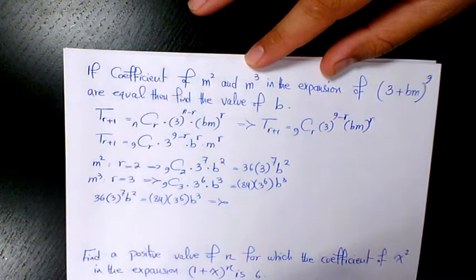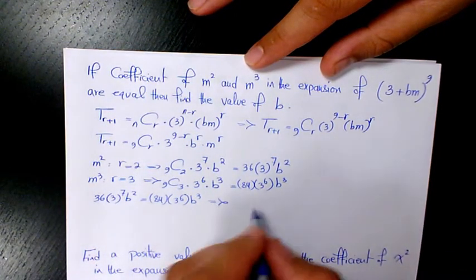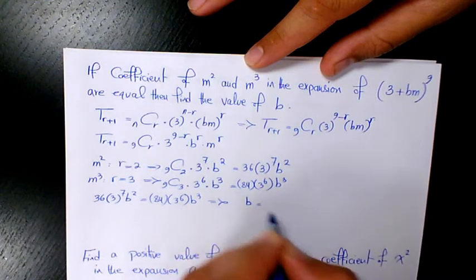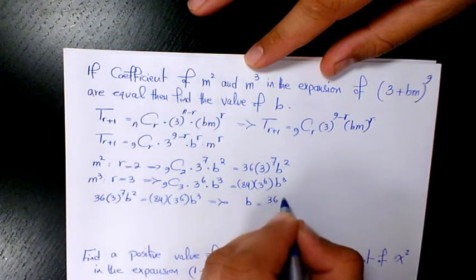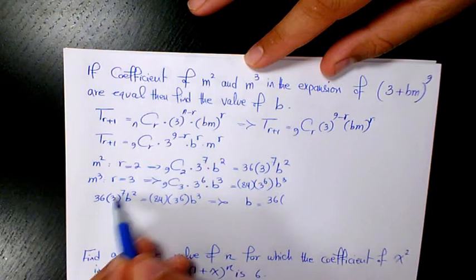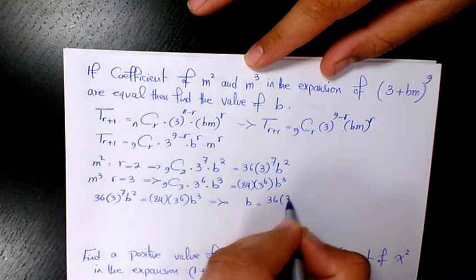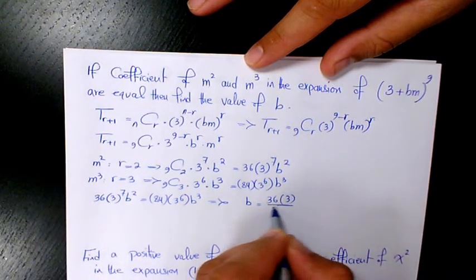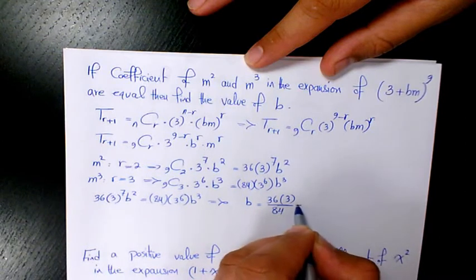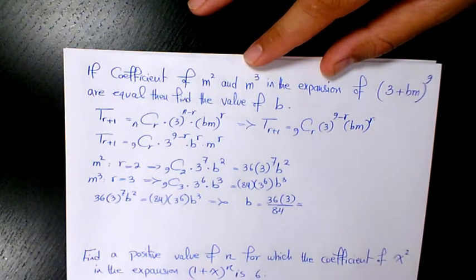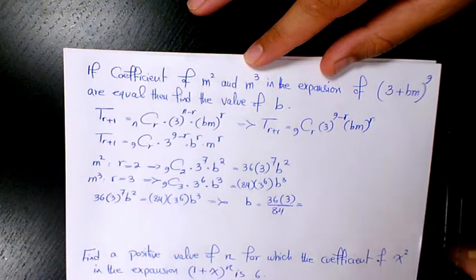we need to find out the value of b. So b will be 36. 3 to the power of 6 is going to cancel out with 3 to the power of 7, so it's going to remain only 3, divided by 84. When you simplify it, 84 divided by 3 is going to be 28.